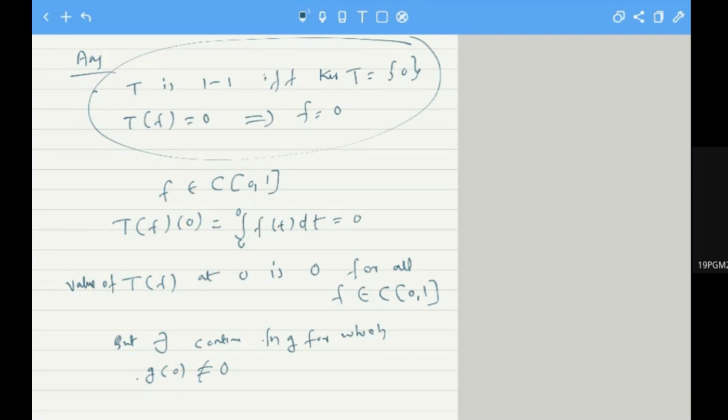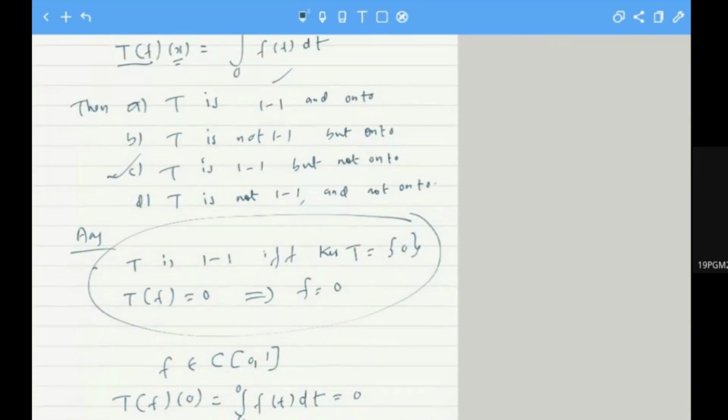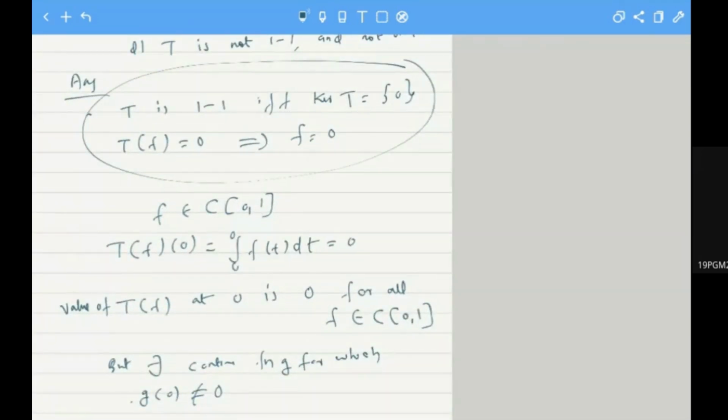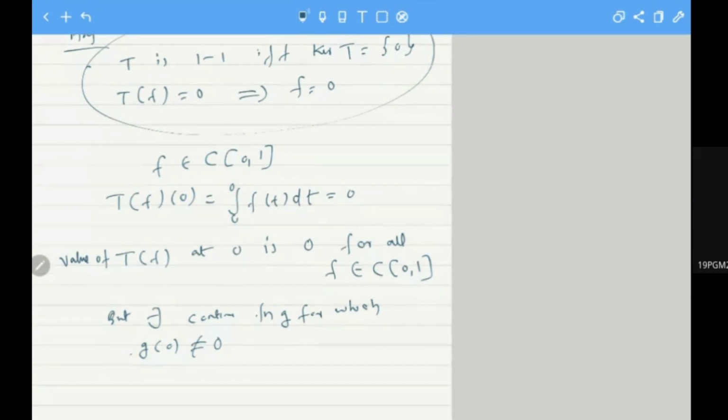So if you take a continuous function g for which g of 0 is some 100, you cannot get a pre-image for that. Why? For any f, the image T of f will take the value 0 at the point 0. So this continuous function g, whatever we started with, will not have a pre-image. That means T is not onto. Is it clear now?